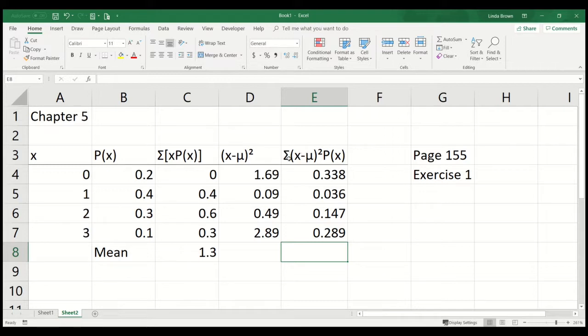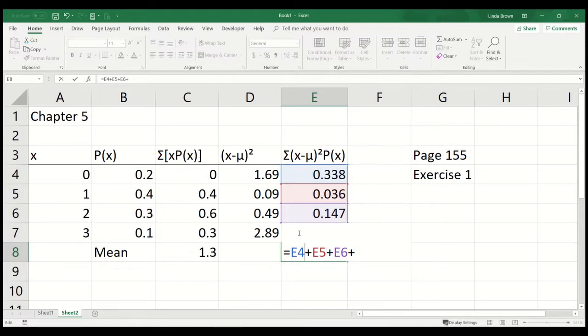Now this E here, this little symbol, represents the summation of all of these values. So we're going to add them together. We can do it manually, this plus this plus this plus, well, I know it's E7, so I can just type that. And it gives us 0.81.